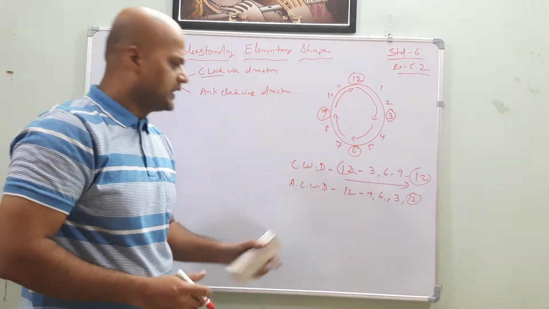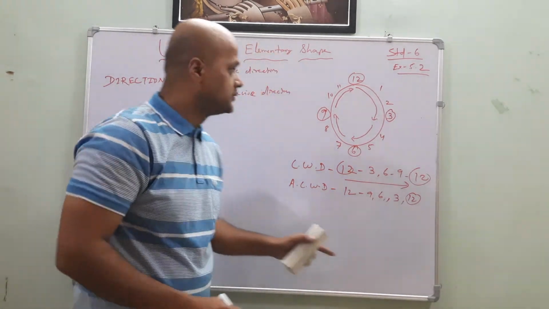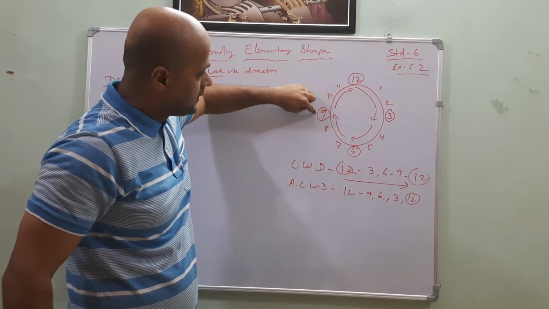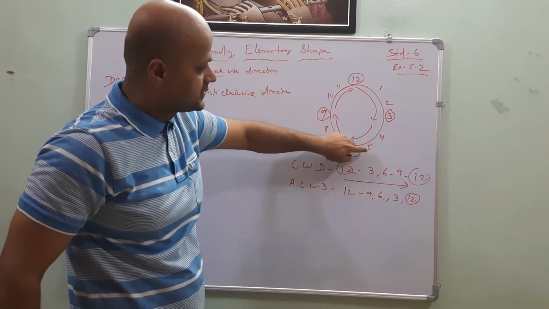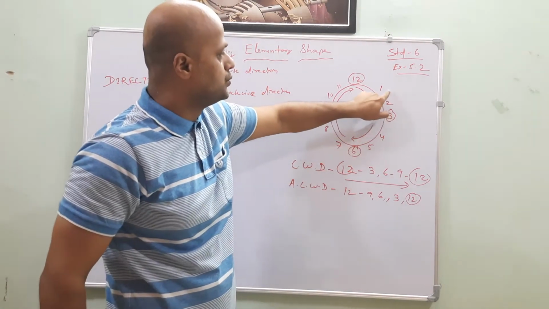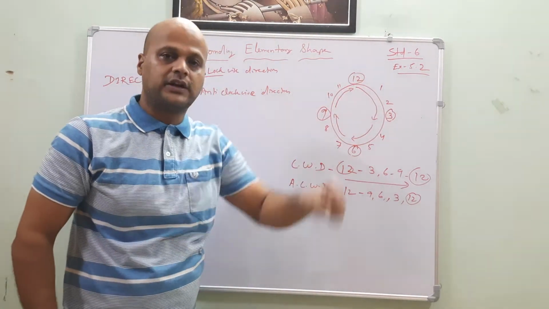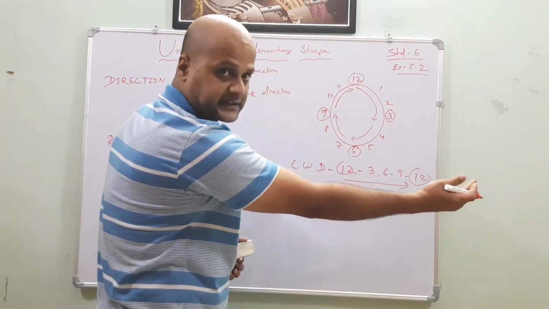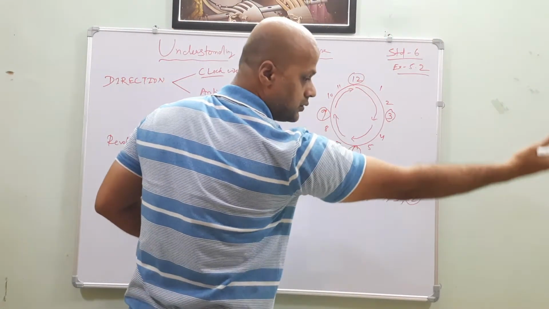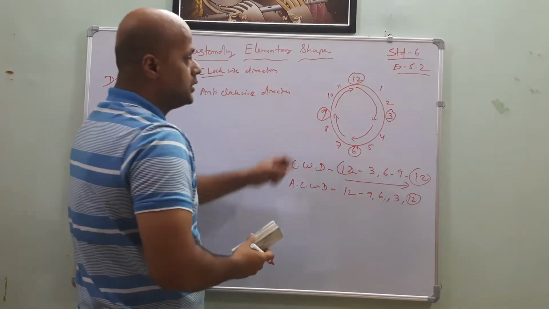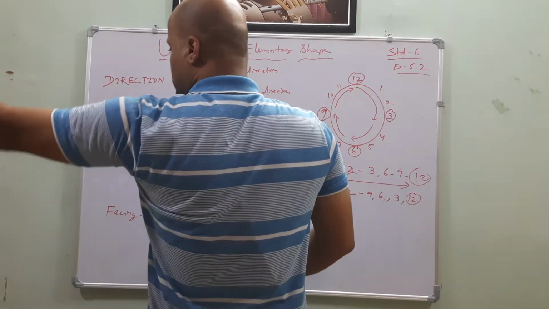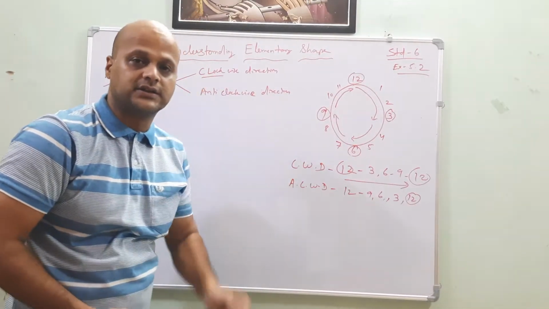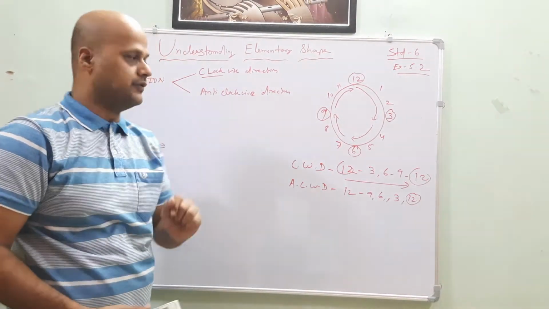These are called hours: 12, 11, 10, 9, 8, 7, 6, 5, 4, 3, 2, 1, again 12. It is called reverse. From 12 towards 1, on the right hand side, the direction is called clockwise direction. From 12 to 9, coming from the left hand side, it is called anti-clockwise direction. Understood, my dear friends?